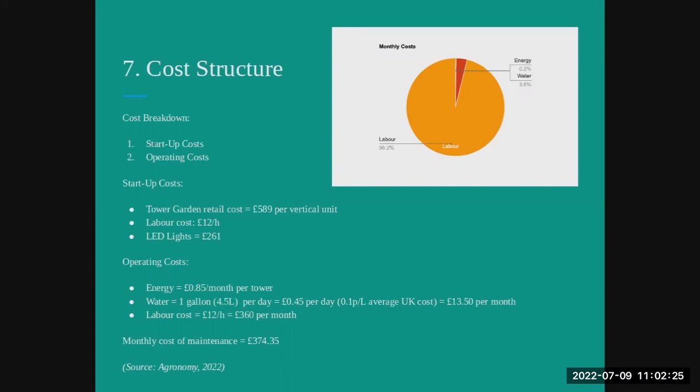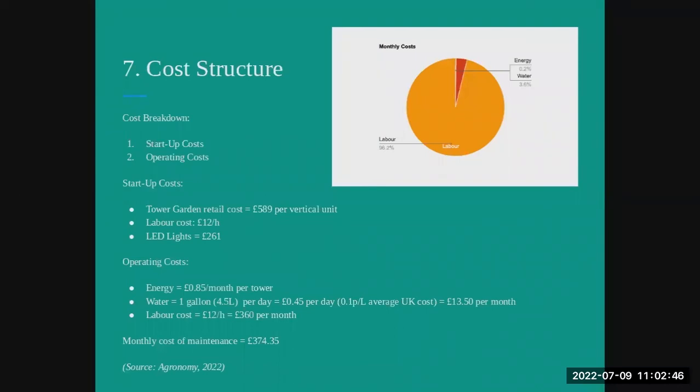And looking at water, each tower uses approximately 1 gallon or 4.5 litres a day, which amounts to 45 pence per day, at about 1p per litre, which is the average cost of water in the UK. So this amounts to £13.50 a month for the water per tower.